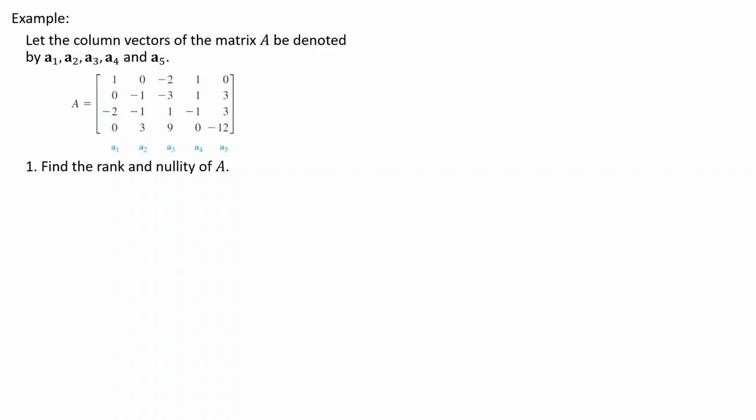So let us write A first. Have 1, 0, negative 2, 1, 0, 0, negative 1, negative 3, 1, 3, negative 2, negative 1, 1, negative 1, 3, 0, 3, 9, 0, negative 12.